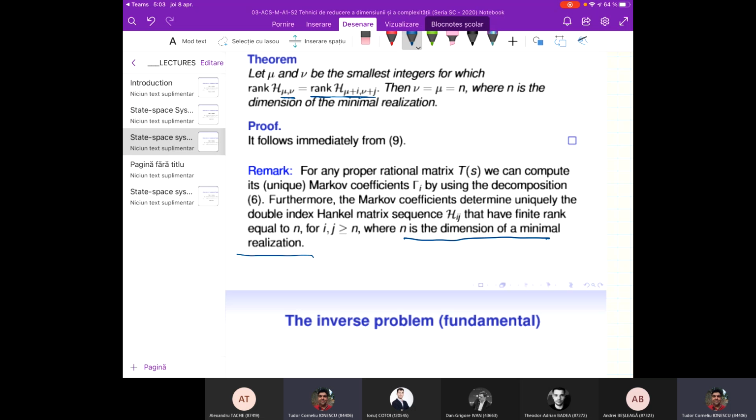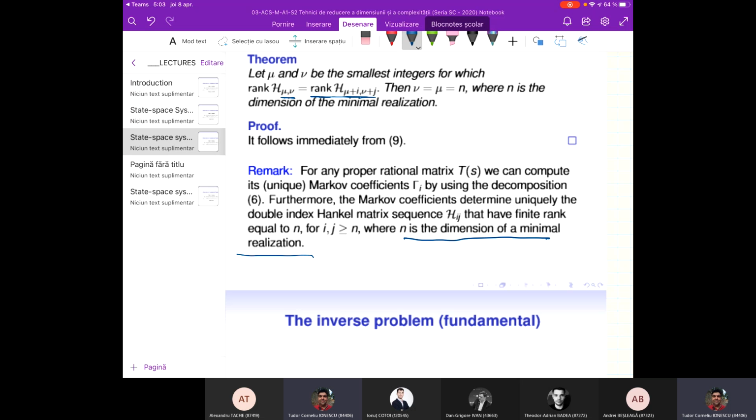Okay, so essentially you get ABCD, you compute the controllability and the observability matrix. You stop up to a certain order n, and you can go downwards or upwards until you see that the ranks do not change.